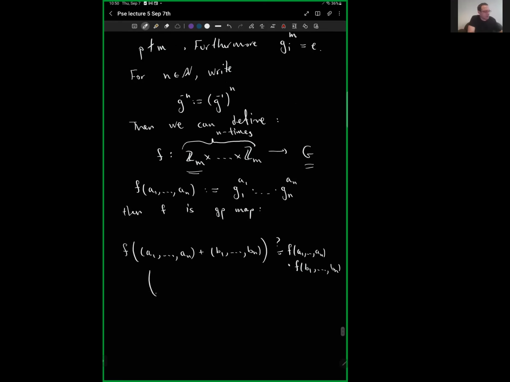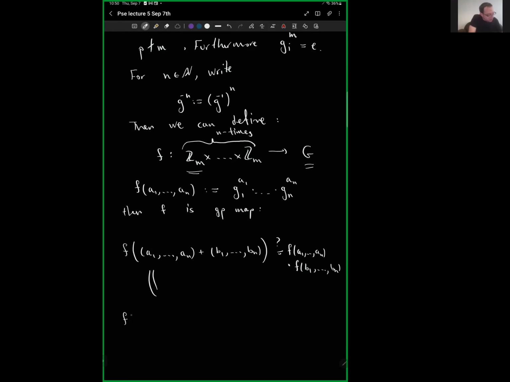But let's expand this left-hand side. What is addition of these two elements? We said that addition is done coordinate-wise modulo m.